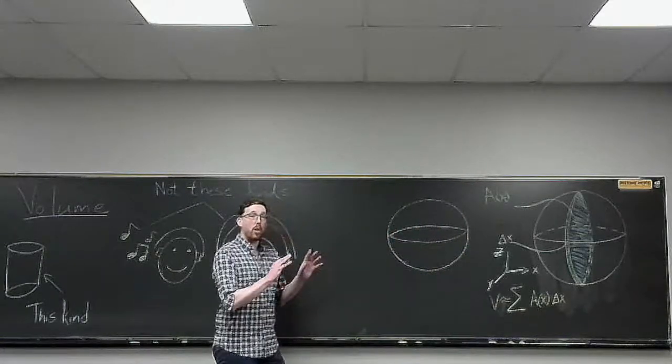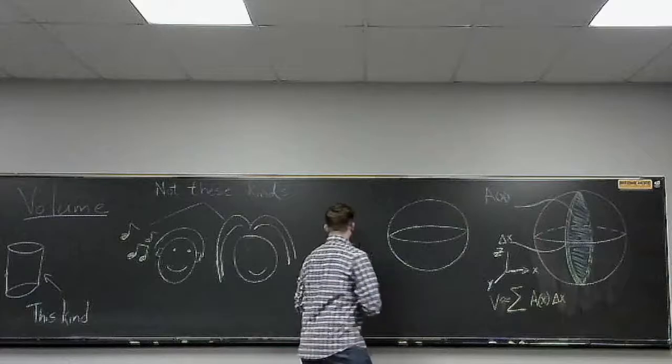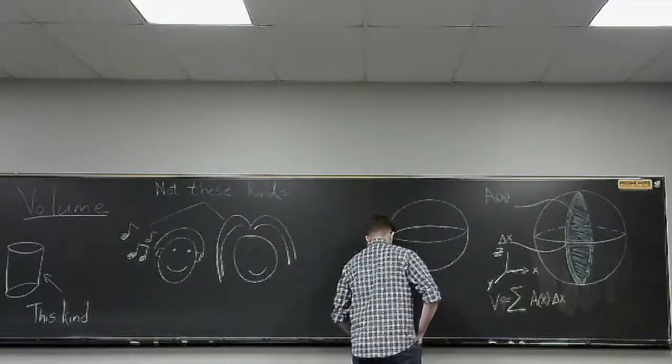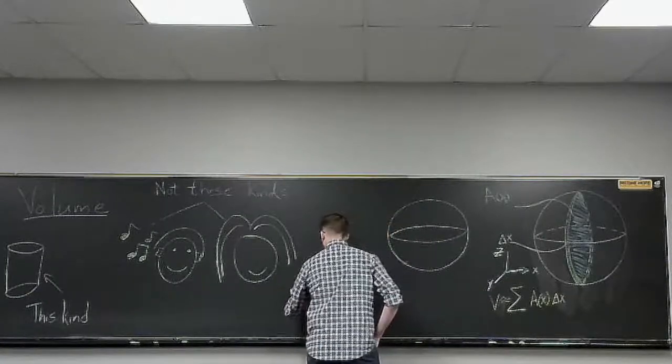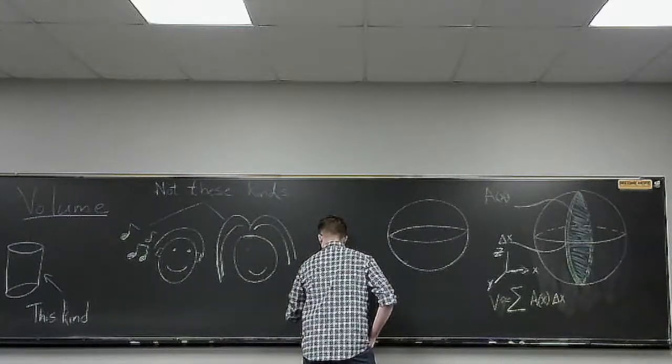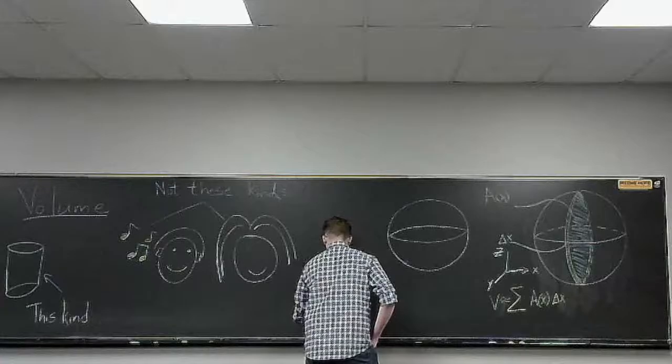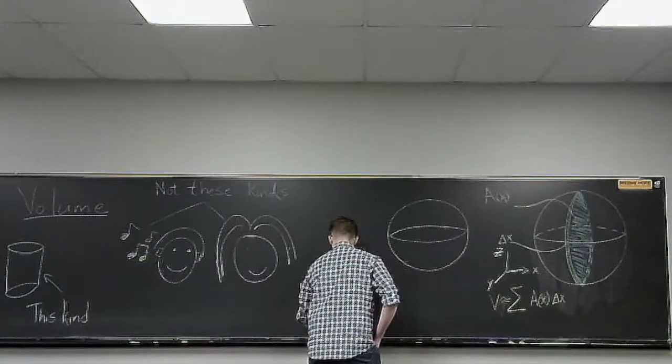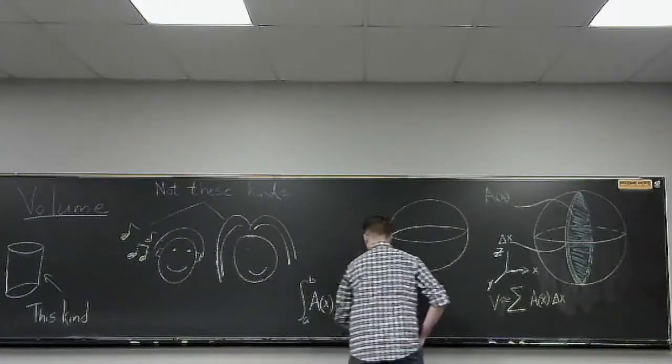The volume of any solid, properly said, is equal to the integral from a to b of the cross-sectional area A(x), integrated with respect to x.